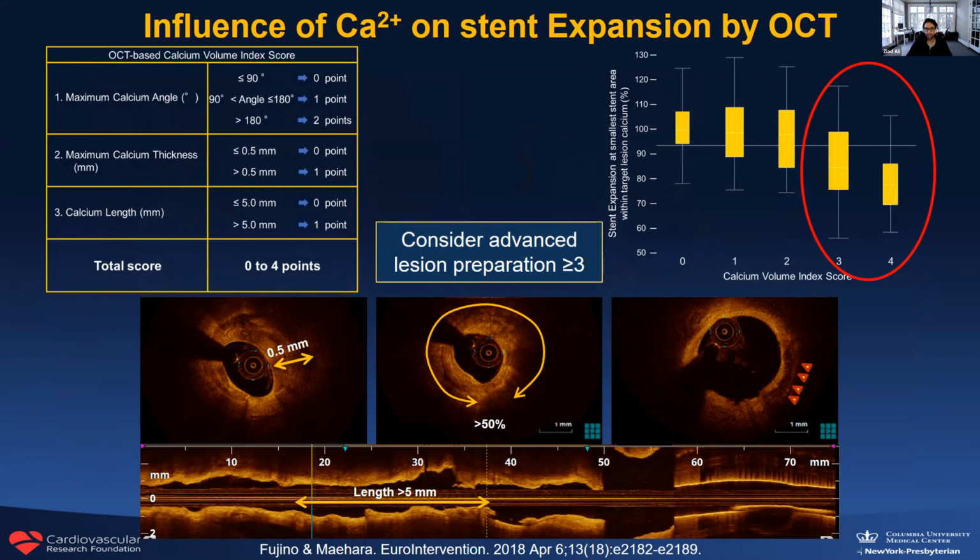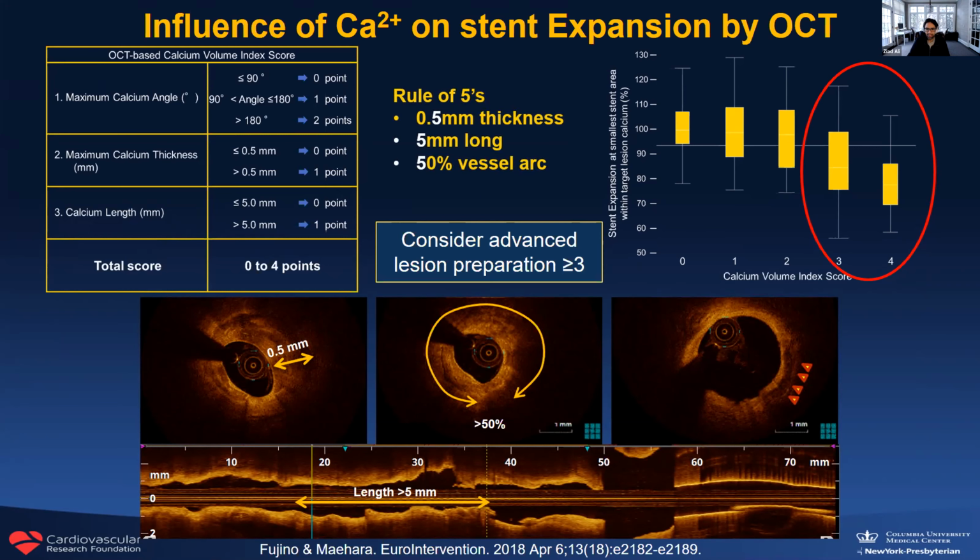When you have calcium that is 0.5 millimeters in thickness, 5 millimeters long, and 50% of the vessel arc, these patients may end up with stent underexpansion. The more of these criteria you have, the harder it is to expand the stent.